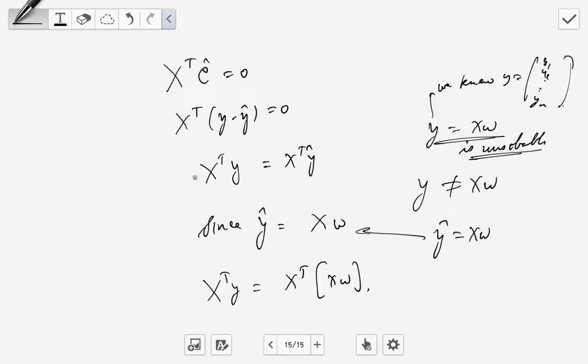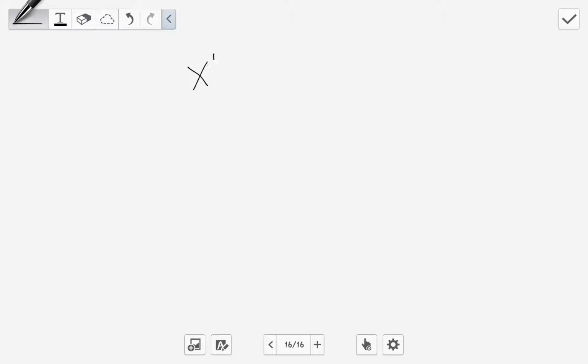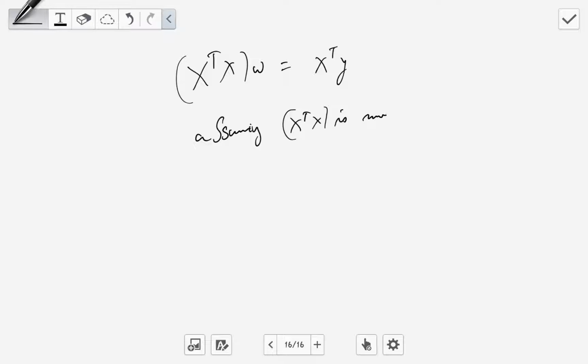Now what you have is X transpose XW is equal to X transpose y. Now assuming X transpose X is invertible, W star is X transpose X inverse X transpose y.